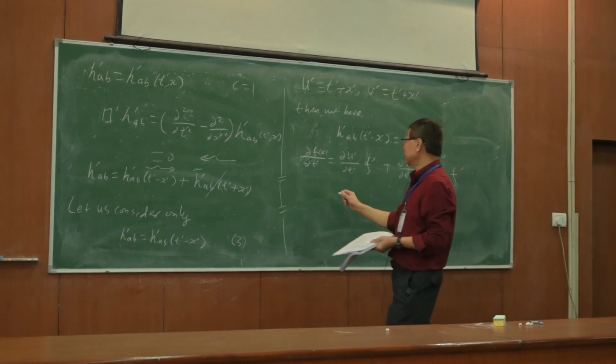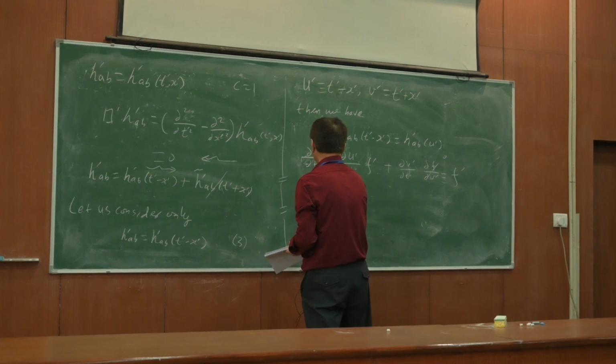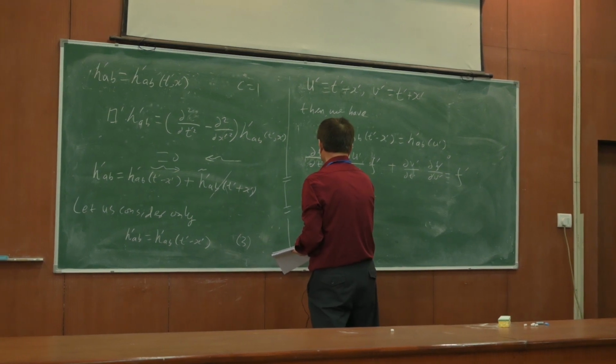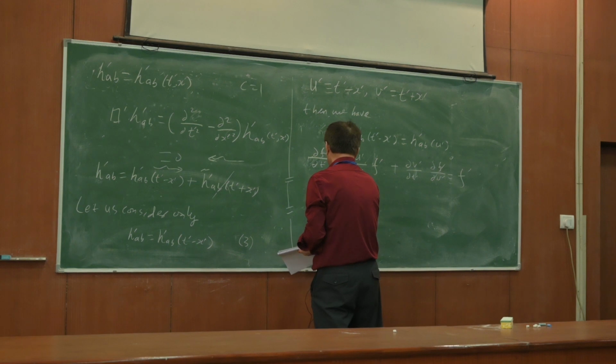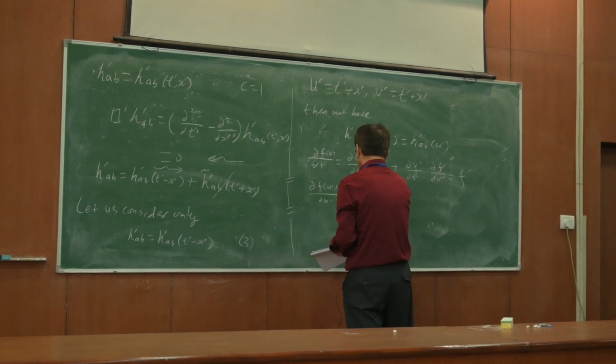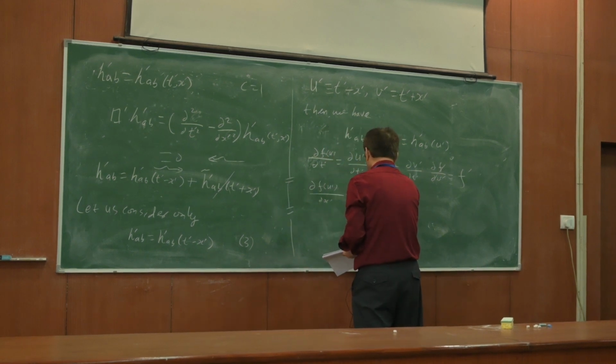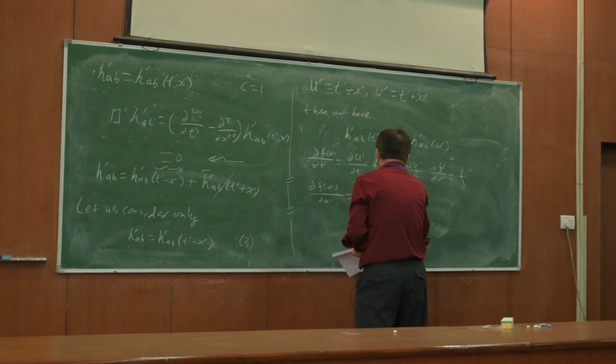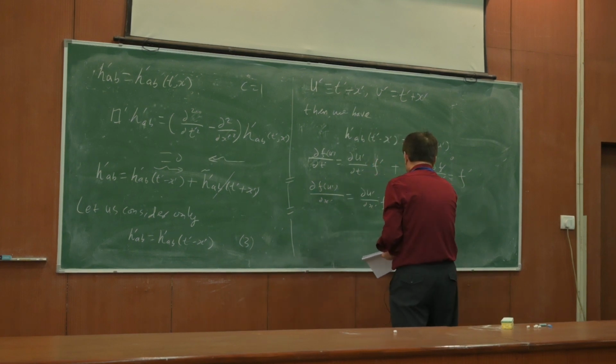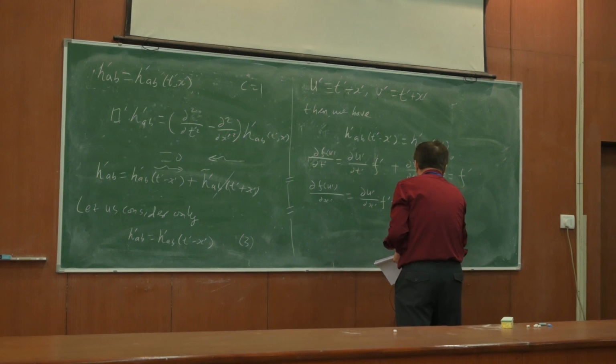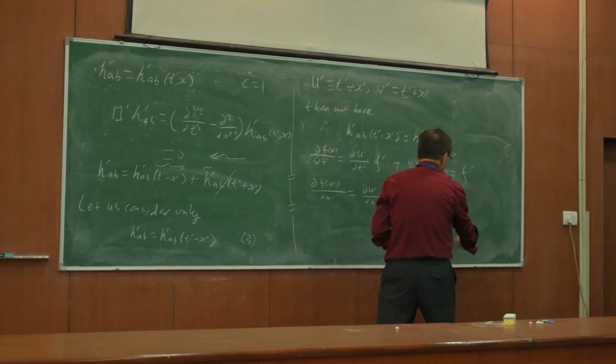You can do the same thing: df/dx prime equals du prime/dx prime times f prime plus dv prime/dx prime times df/dv prime. Like I said, this term is equal to 0.